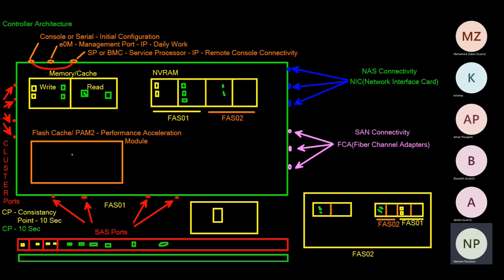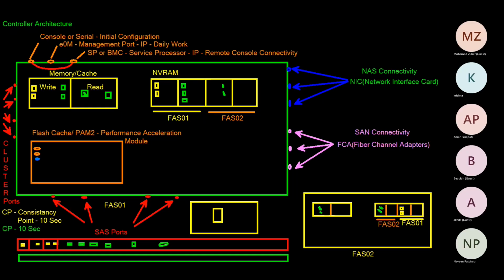A log file means where it has stored the data, like in which disk shelf, in which disk, like that. It will maintain that log file information. So when it is wiping the data, it will dump those logs into this PAM or flash cache.